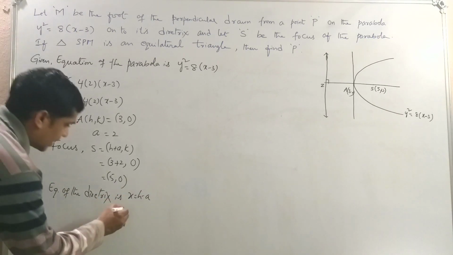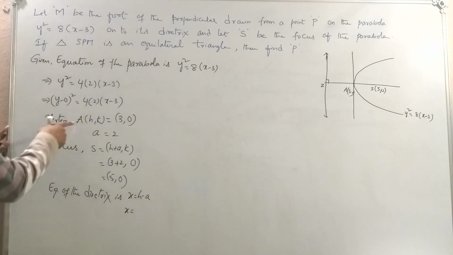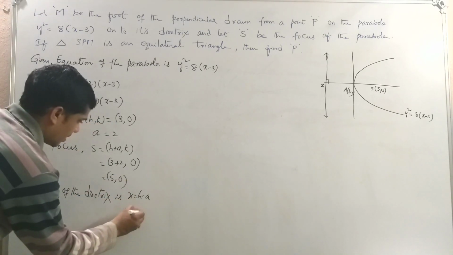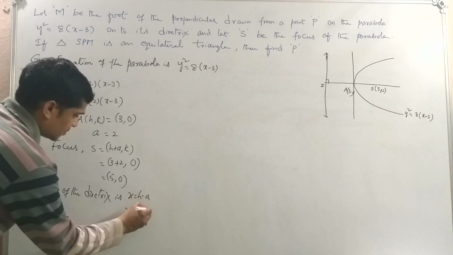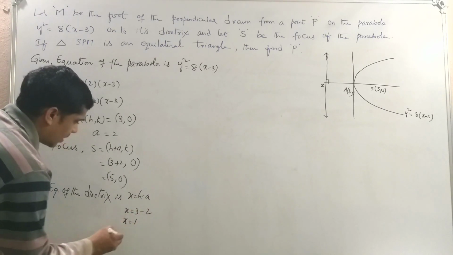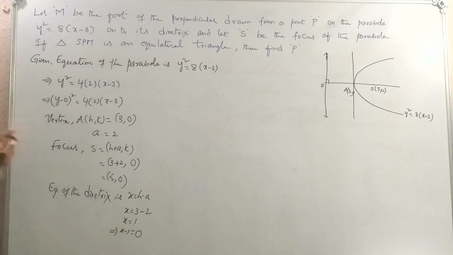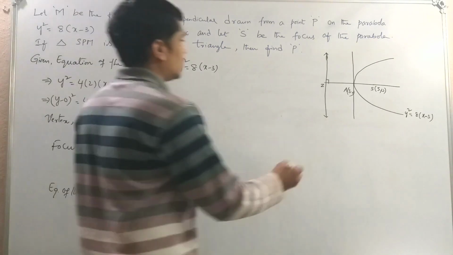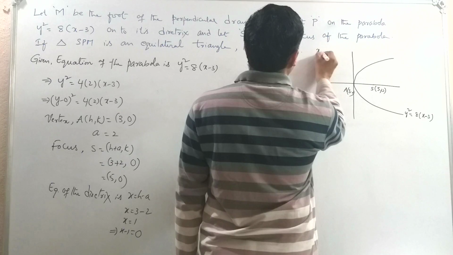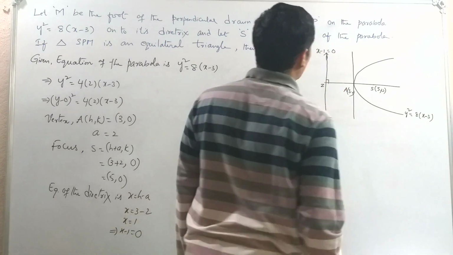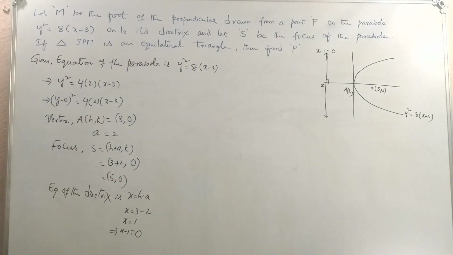That means x is equal to h value 3 minus a value 2, so x is equal to 1, or x minus 1 is equal to 0. This is the equation of the directrix.